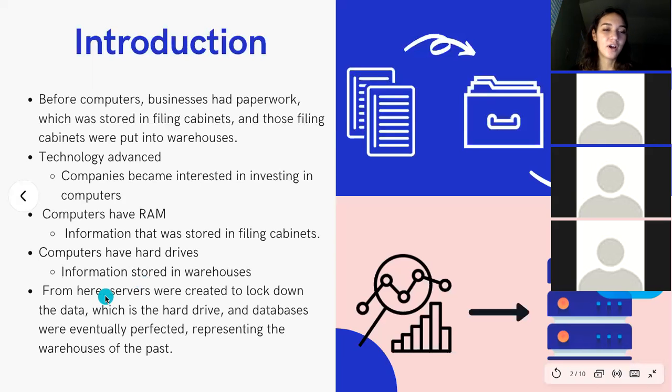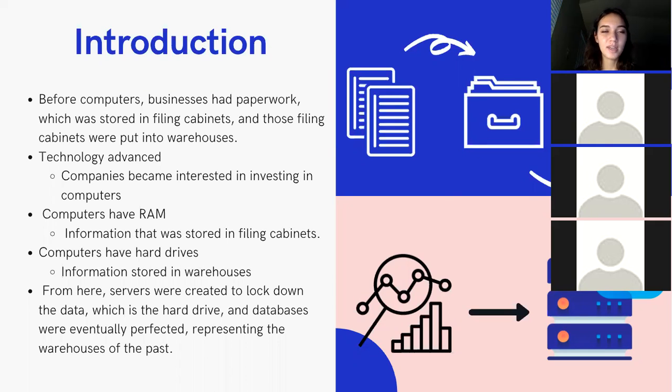And we have hard drives. If you hit refresh on that same email and everything you wrote saved, that information is stored in your hard drive because the data persisted. So that's the information that got stored in the warehouses. So if hard drives are the information stored in the warehouses, and data goes into databases, then your databases represent warehouses.